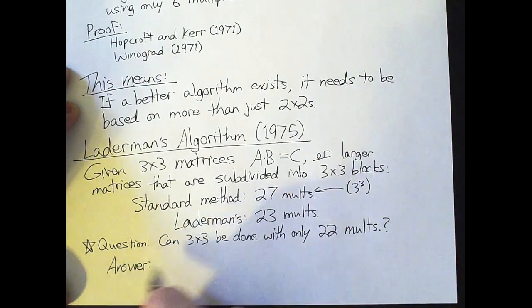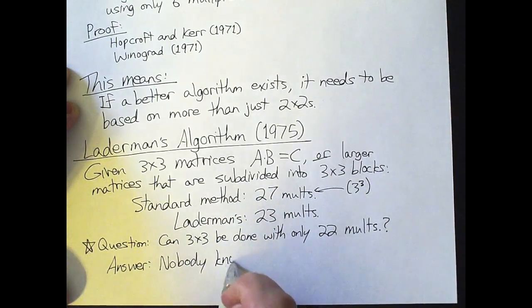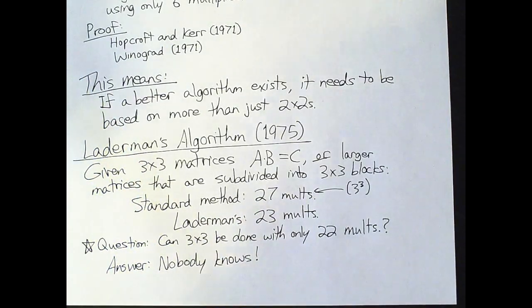And the answer is nobody knows. Nobody knows whether it can be done. This is kind of an open question in math right now. Can 3x3 matrix multiplication be done with only 22 multiplications of real numbers? We don't know. I don't have an answer to tell you. I can tell you that it has not been proven false, but it has not been proven true either. It's an open question.